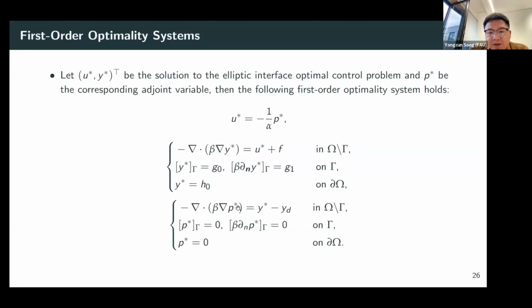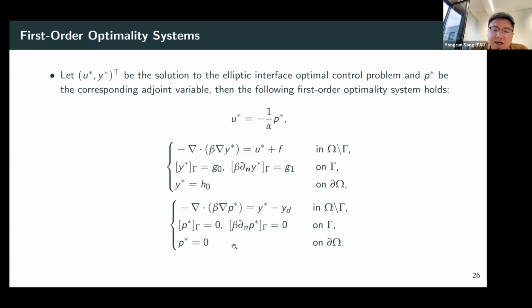Here again, p is the adjoint variable, and the interface condition of p is homogeneous. But as you can see, even with homogeneous interface conditions, the adjoint variable p is still non-smooth.